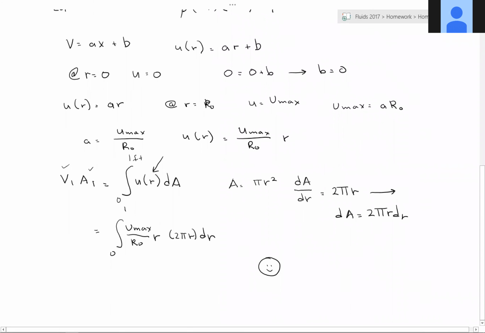From this, we get U max. Then we take our U max. Let me circle that better. So then we take our U max and put it into here.